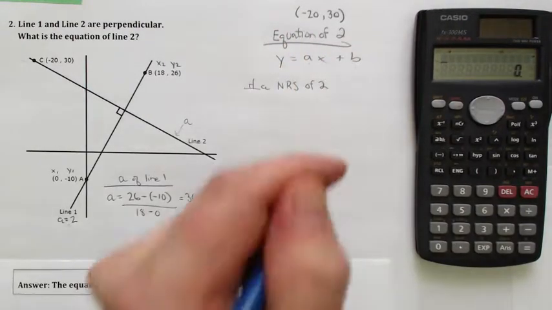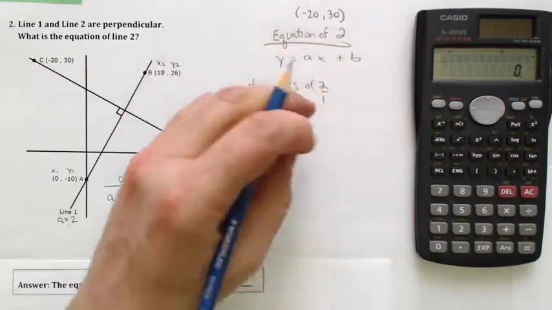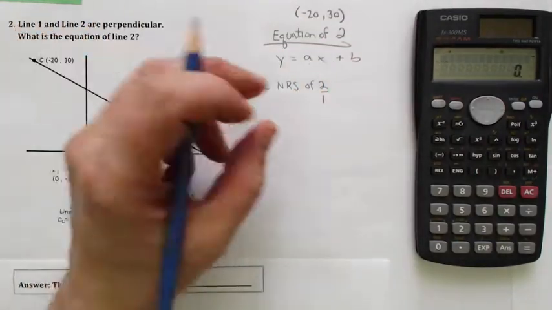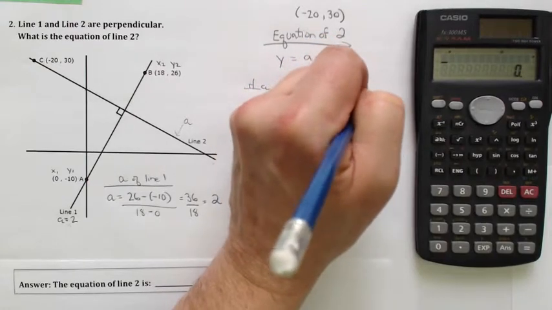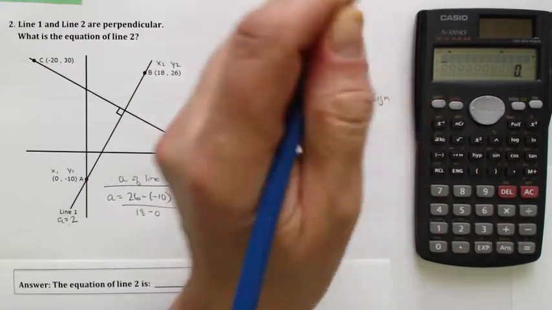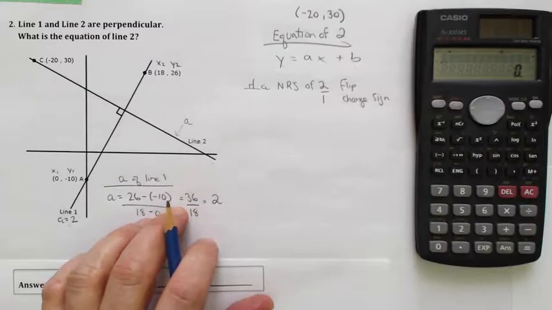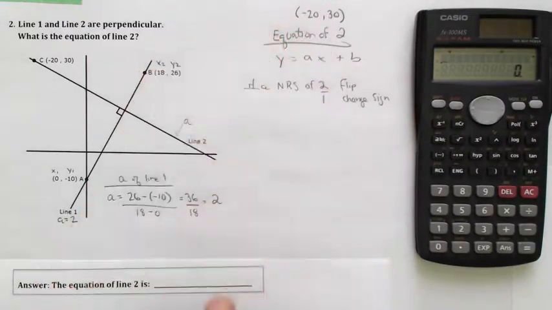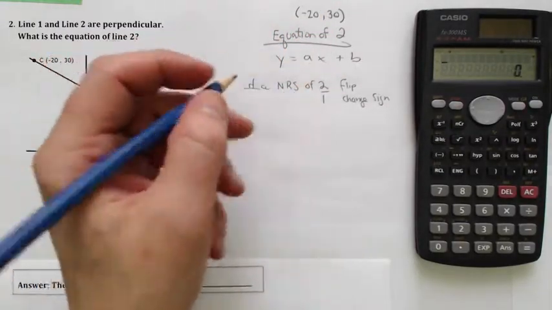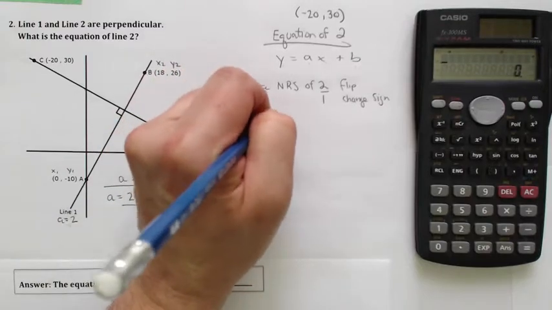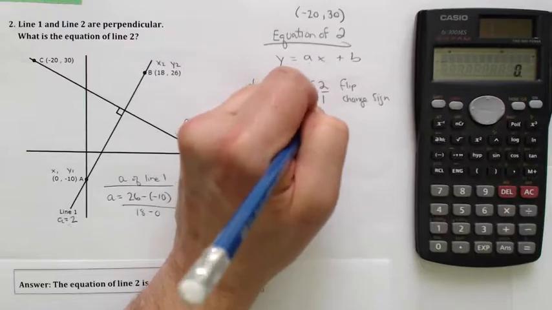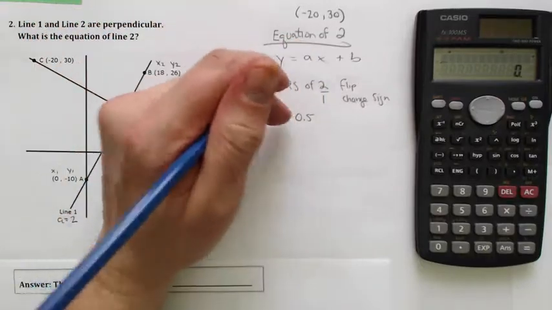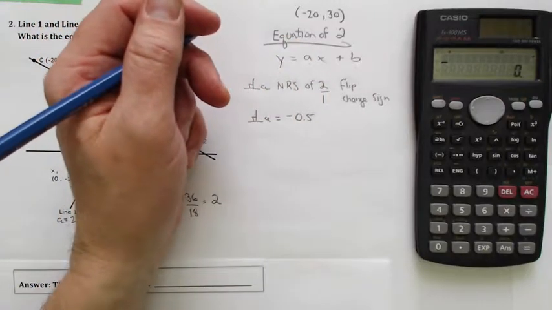And the way to do that, we're going to flip it. So we're going to make it first into a fraction, flip it, and change the sign. So really easy. It's going to become 1 over 2 when I flip it, and because it's originally a positive, my new perpendicular a will be equal to negative 0.5. 1 divided by 2, and then changed into a negative.